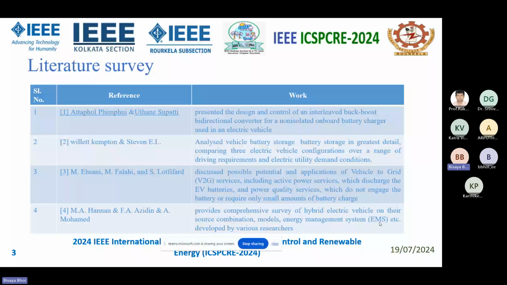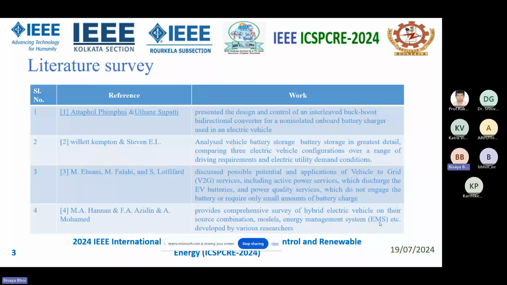The second author analyzes vehicle battery storage in great detail, comparing three electric vehicle configurations over a range of driving requirements and electric utility demand conditions. The third discussed vehicle-to-grid services, including active power services, which discharge the EV batteries, and power quality services, which do not engage the battery or require only a small amount of battery recharge.